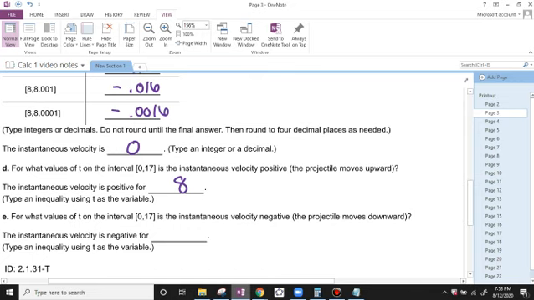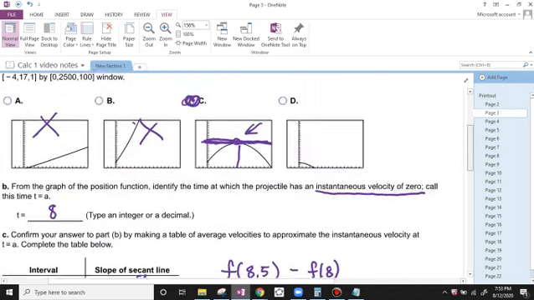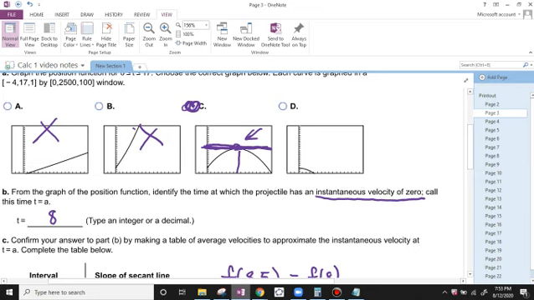For what values of t on the interval is instantaneous velocity negative, right? So let's translate this. This means: when is the function going down? Right, and so that looks like it's from 8 to 17.